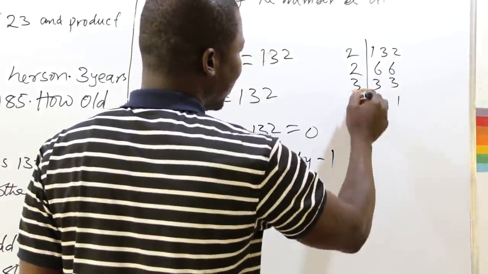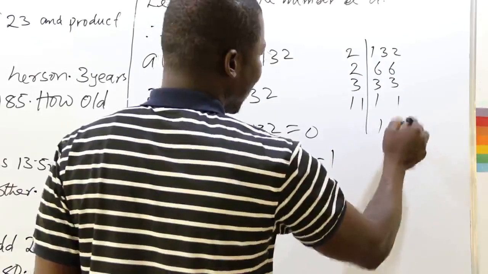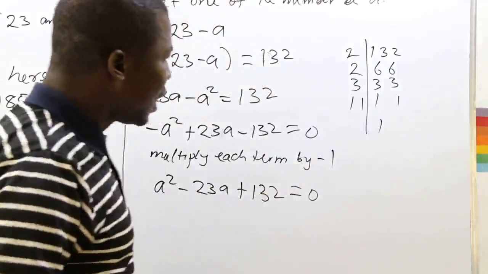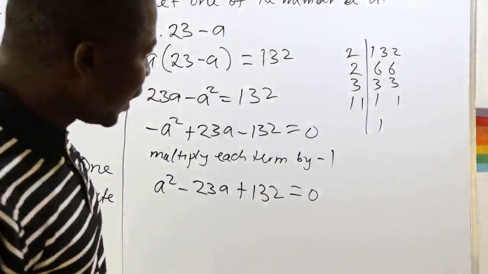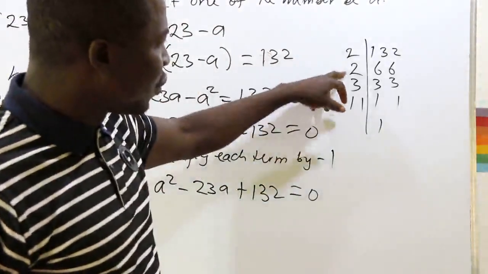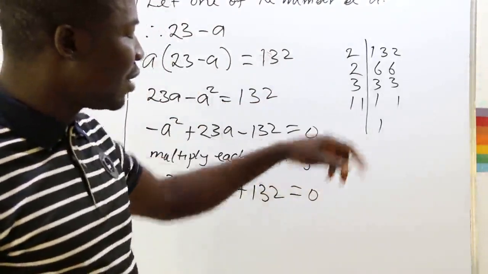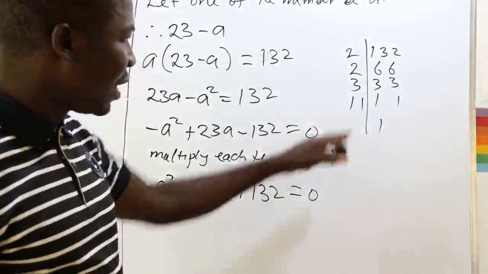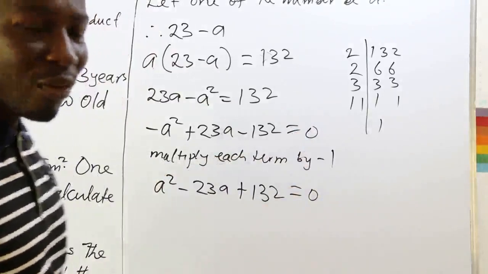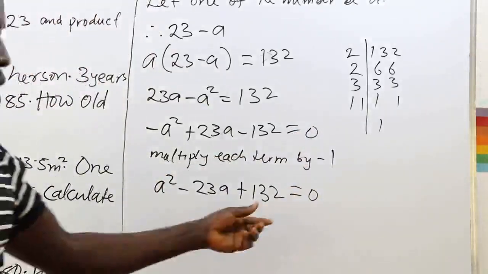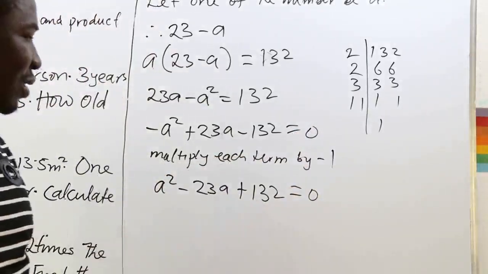The next number that will go is 11, and it will go 1. So now, looking at this, you have 2 times 2 is 4, 4 times 3 is 12, and 11. 11 times 12 will give us 132, which satisfies this.